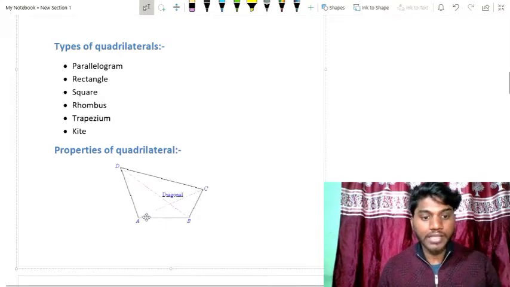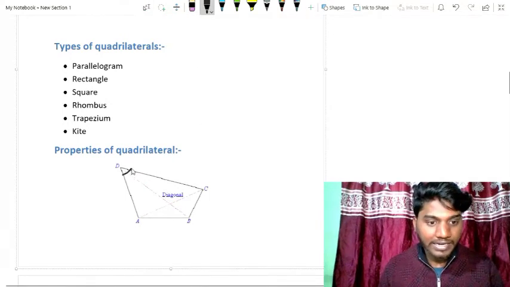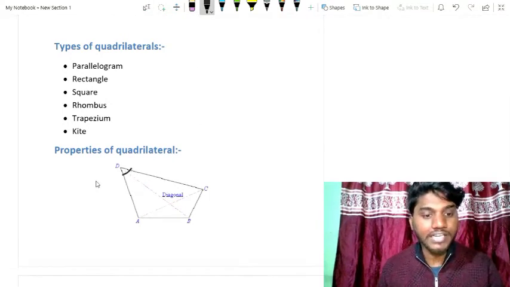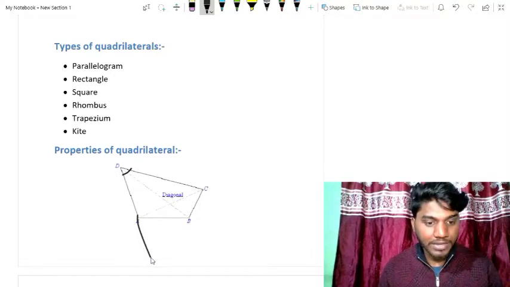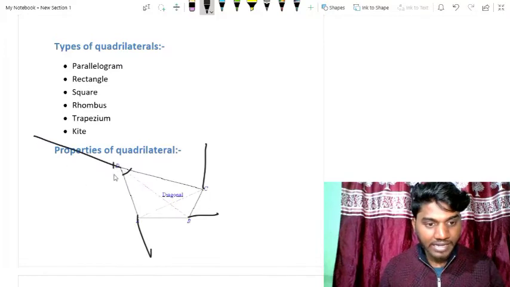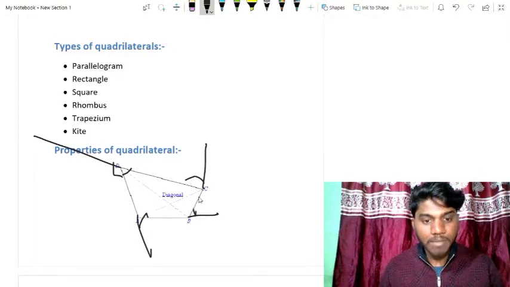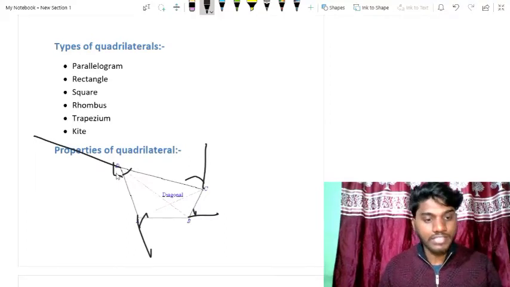The sum of interior angles is 360. It means angle A plus angle B plus angle C plus angle D is equal to 360 degrees. And the sum of exterior angles is equal to 360 degrees. It means these are the exterior angles: this line is extended and this line is extended. If you add this angle, this angle, this angle, and this angle, it is called the exterior angle sum, and it will be 360 degrees.